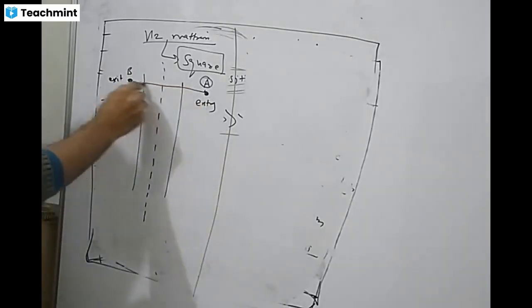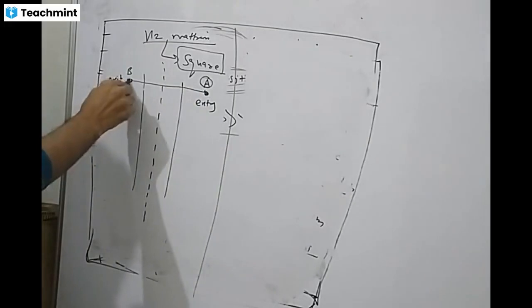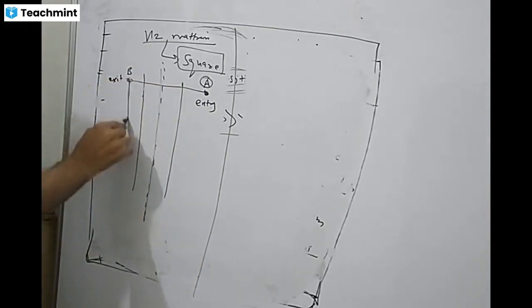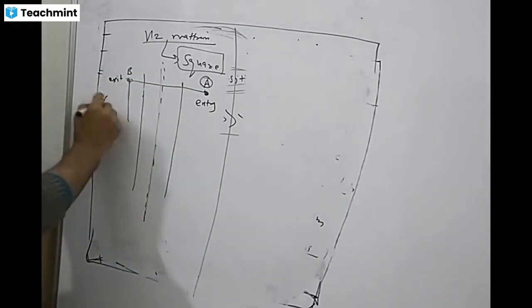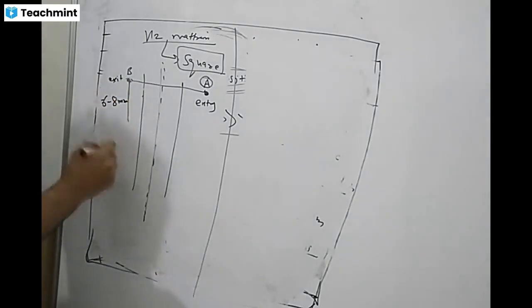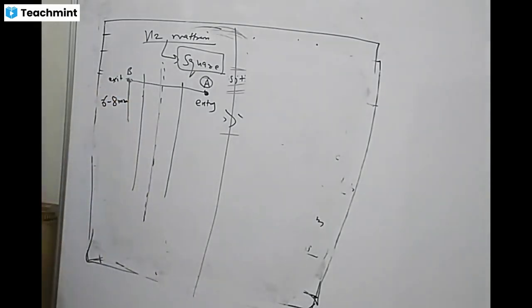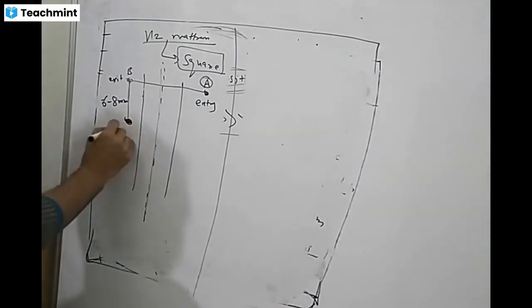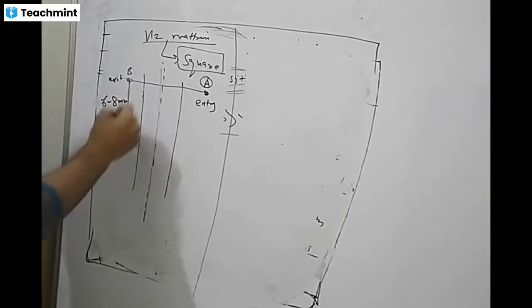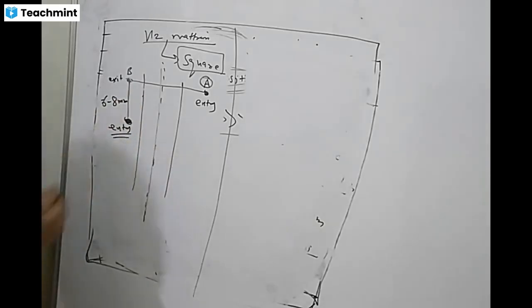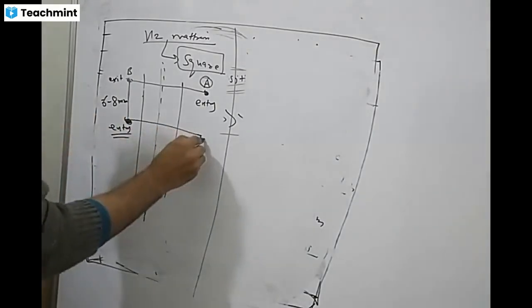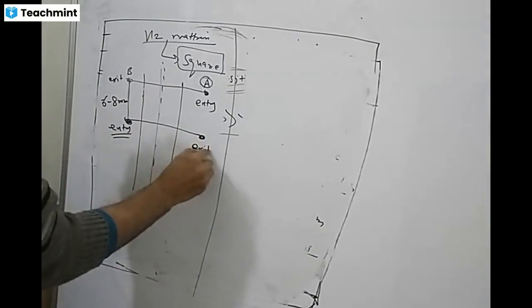Entry, then we cross the incision line, then exit from point B, then through the skin parallel to this incision line, we go for 6 to 8 millimeter. Then we come out from this point, then again cross the incision and exit from here.